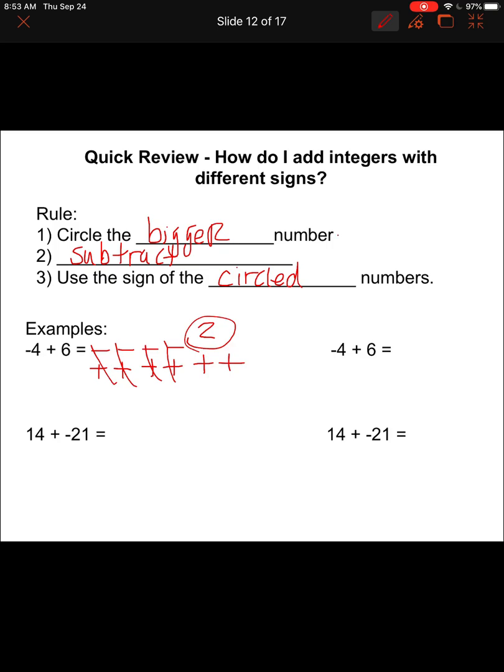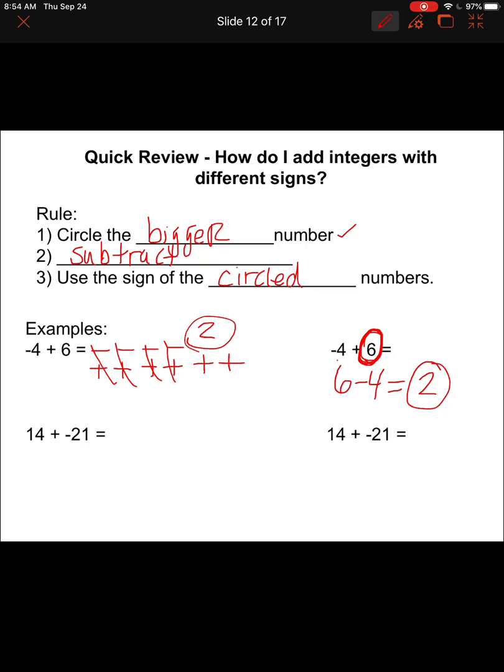So your first step says circle the bigger number. So I'm looking at 4 and I'm looking at 6. 6 is my bigger number, so I'm going to circle it. Number 2 says subtract. So I'm going to subtract 6 minus 4 gives me 2. I'm going to use the sign of the circled number. So 6 is circled, which is positive, so that means 2 is going to stay positive.